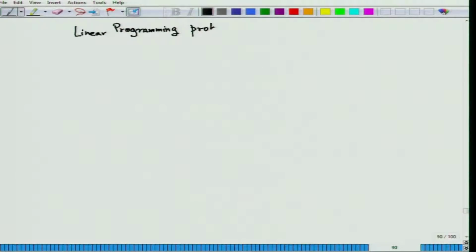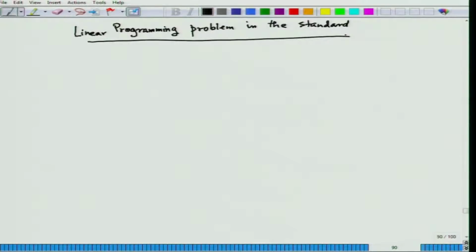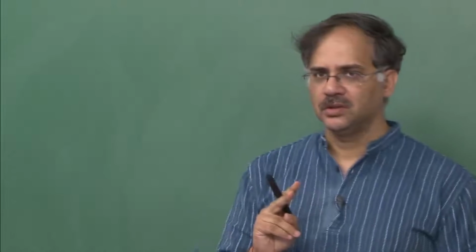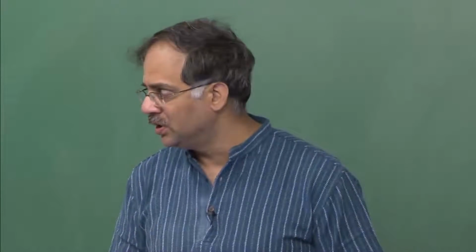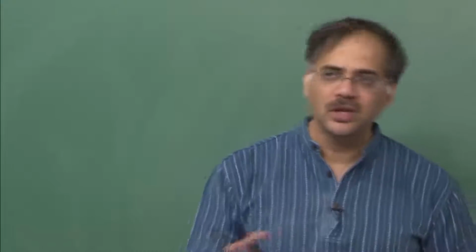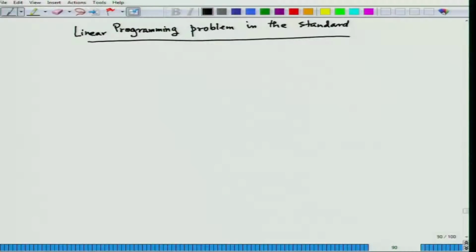Again I would like to repeat our goal here. The goal is twofold: provide examples of how to construct Lagrangian duals of two important classes of convex optimization problems. One is the linear programming problem, another is the semi-definite programming problem.